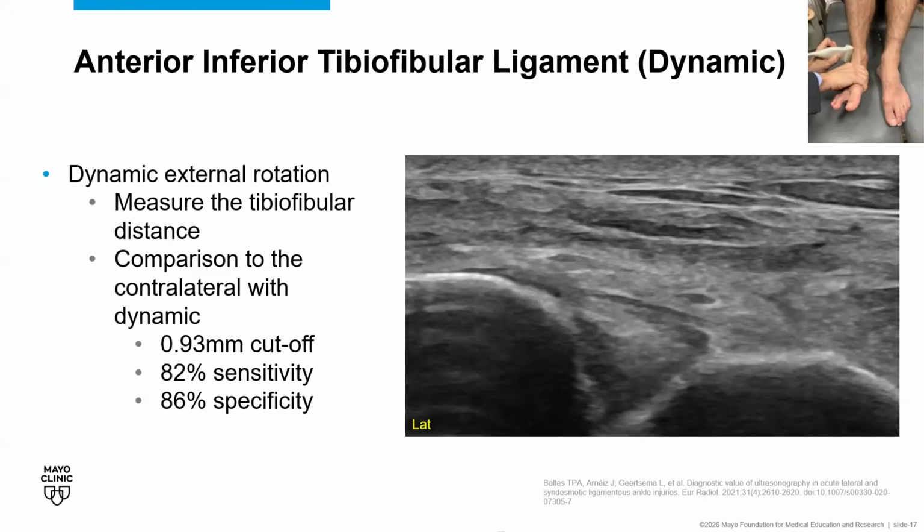One other thing to note for the AITFL is that sometimes you can have an accessory Bassett's ligament, which is usually a little bit inferior. If you're scanning this area a few times and you see what looks like possibly two ligaments, they can have that accessory Bassett's ligament. Sometimes you can flip from the long axis view into a transverse view, which we don't always think about for ligaments because they're so compact.